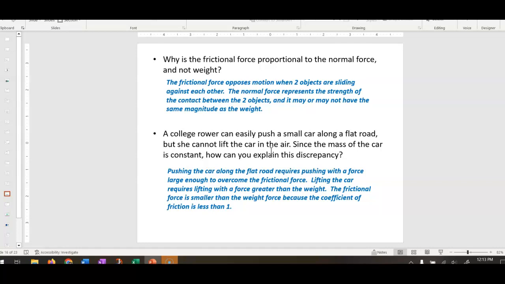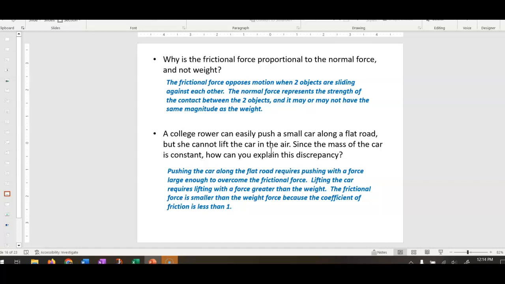So let's talk through a couple of points that we should review. Notice that frictional force is proportional to the normal force, not the weight of the object. The frictional force depends on the strength of the contact between the two objects, and that's really measured by the normal force, right?